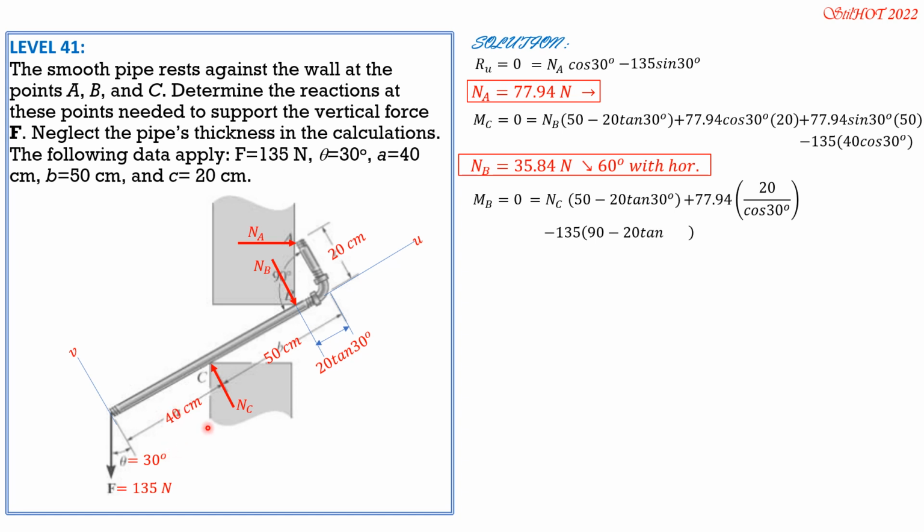So minus 135 times 90 minus 20 tangent 30 degrees times cosine of 30 degrees. So we have NC left using your calculator. N sub C is 191.7 newtons up to the left, 60 degrees with the horizontal.